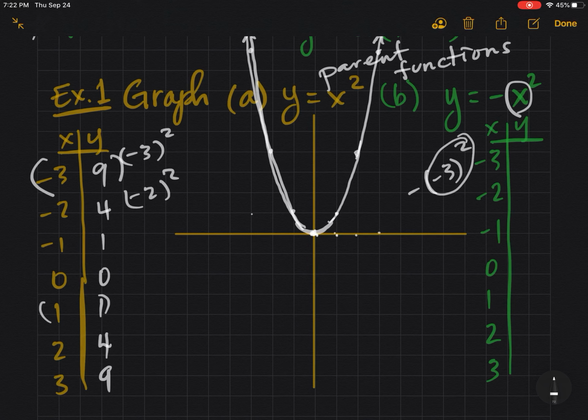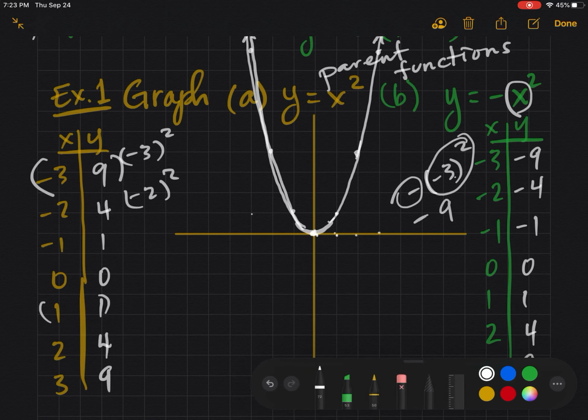So we have to do exponents before we can do this negative sign. So that's a negative, and then -3 squared is positive. So the overall answer is -9. Likewise, this will be -4, -1, 0, positive.